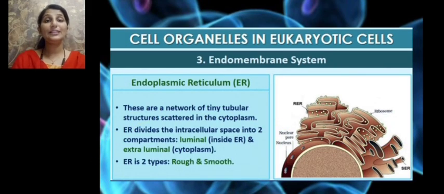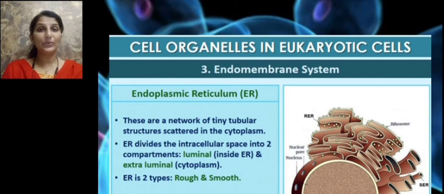Now let us learn the first part of the endomembrane system, that is the endoplasmic reticulum, which is represented as ER. The endoplasmic reticulum is made up of a network of tiny tubular structures scattered throughout the cytoplasm.